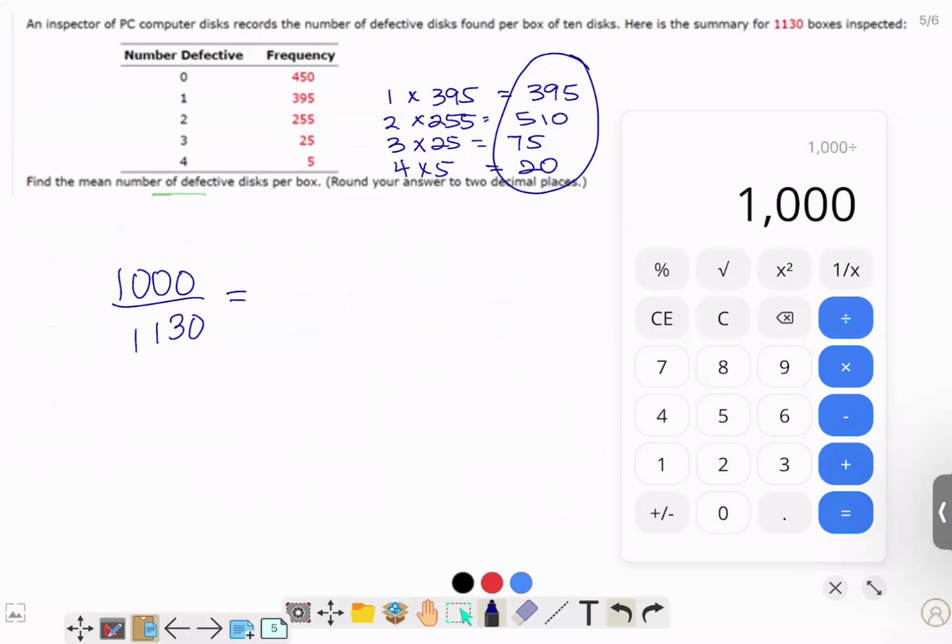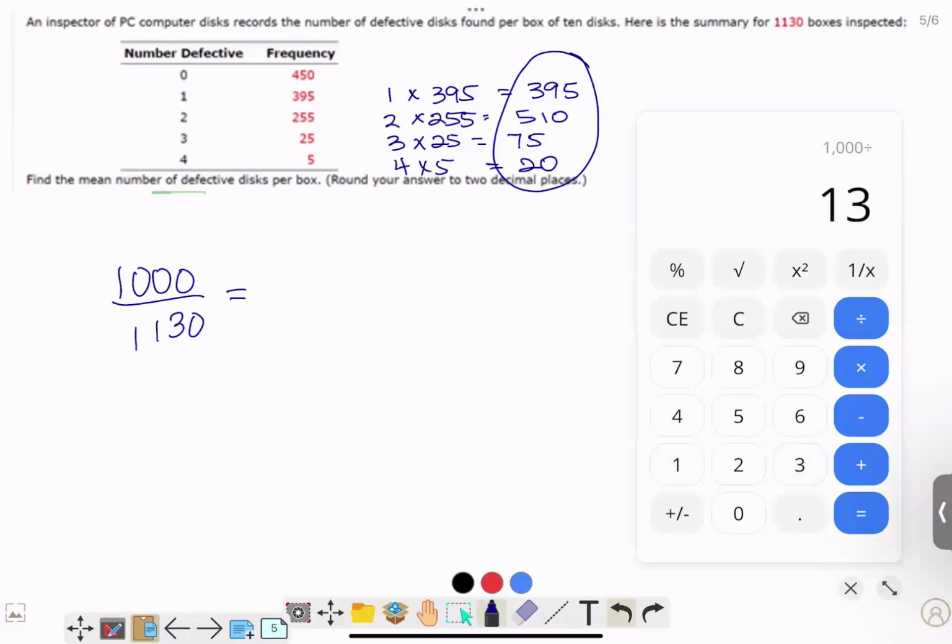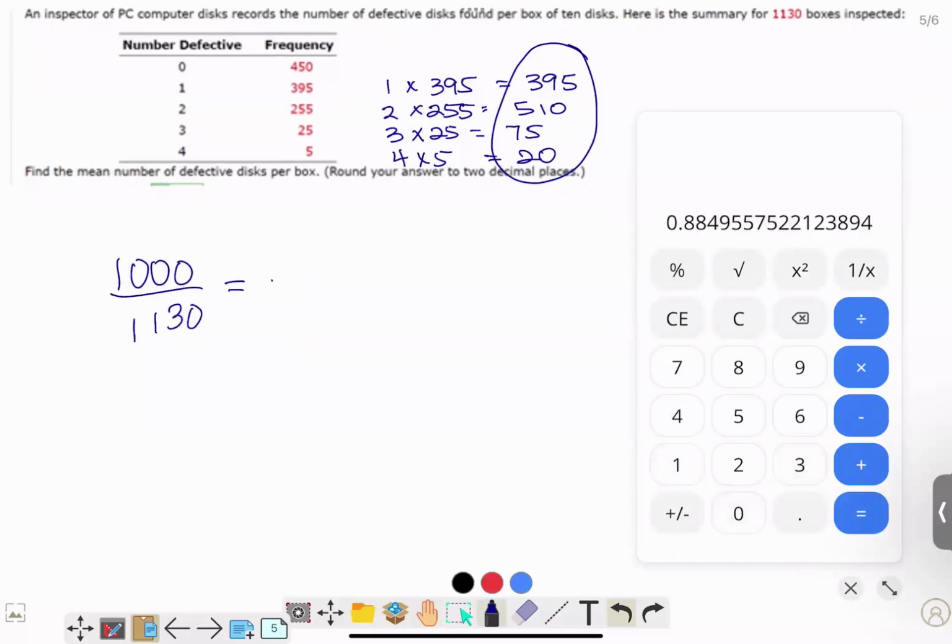So I'm going to divide by 1130. And that's going to give me 0.88. They want me to round to 2 decimal places, so 0.88 is the average number of defective discs per box.